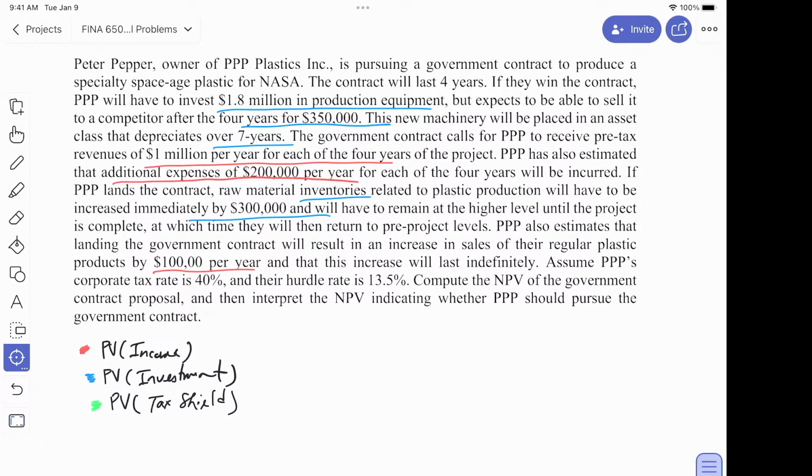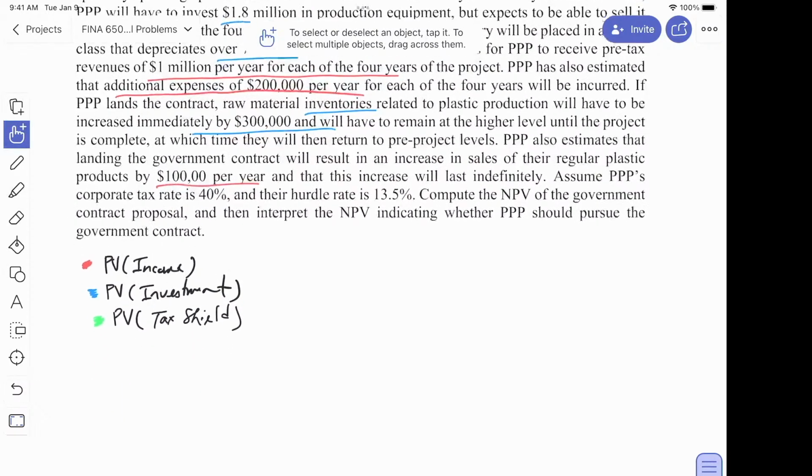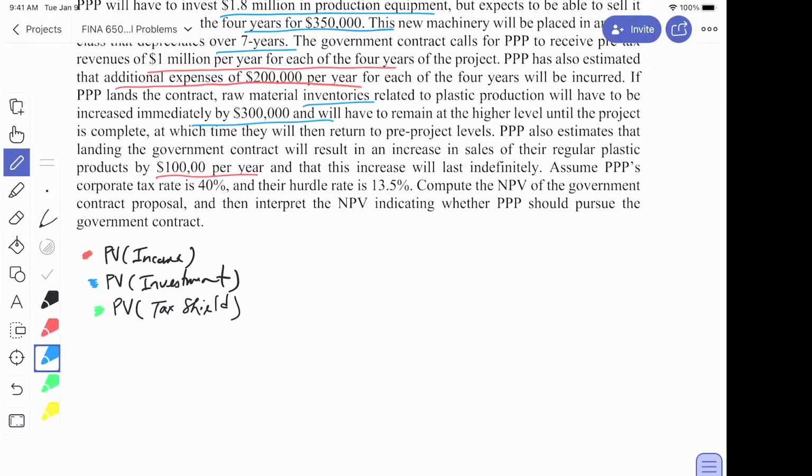Okay, so income, what I have for income, I'm going to make an annuity, right?